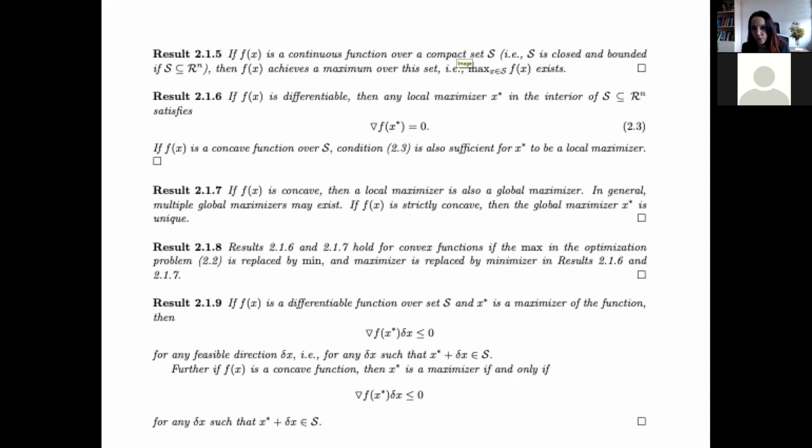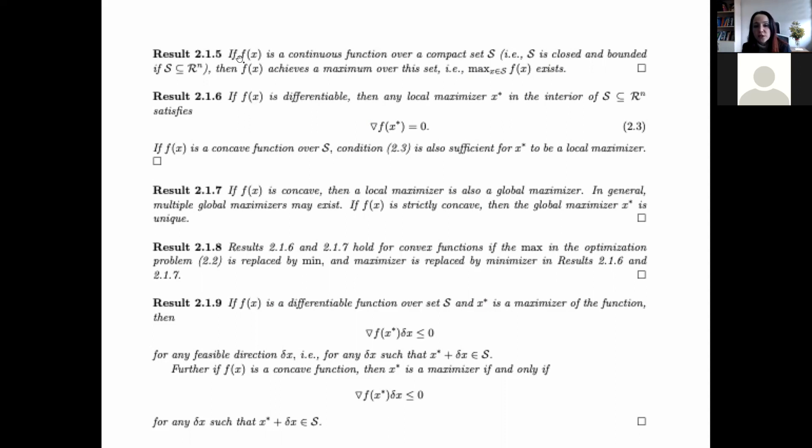You do not need to worry about these limits, but basically we're doing an overview and taking the results that we need from real analysis without going into depth. So S is closed and bounded, meaning S is a compact set.